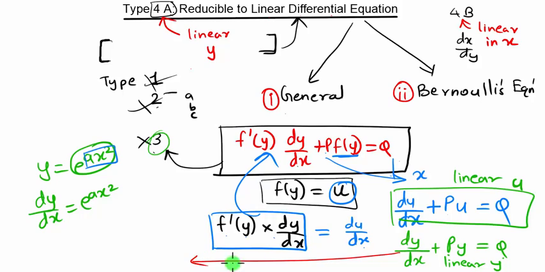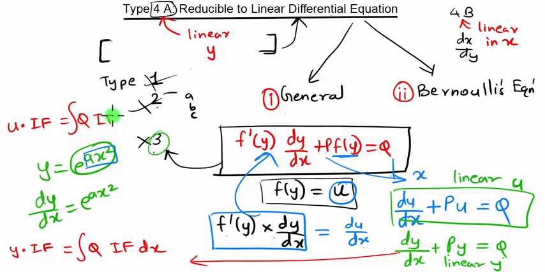For linear in y, the solution is given by y into integrating factor. So in this case the solution will be u into integrating factor equal to integration of q into integrating factor into dx plus c. This part remains the same.